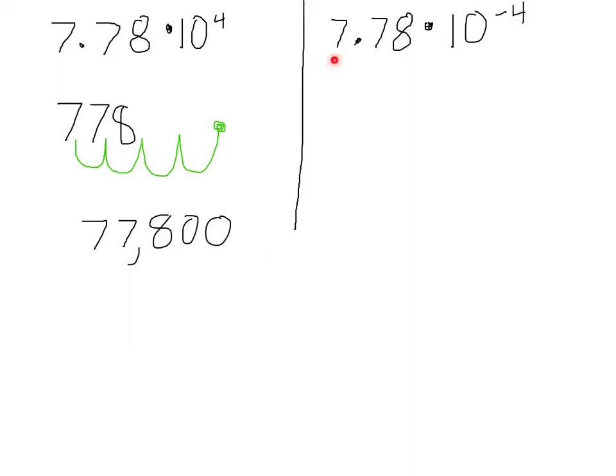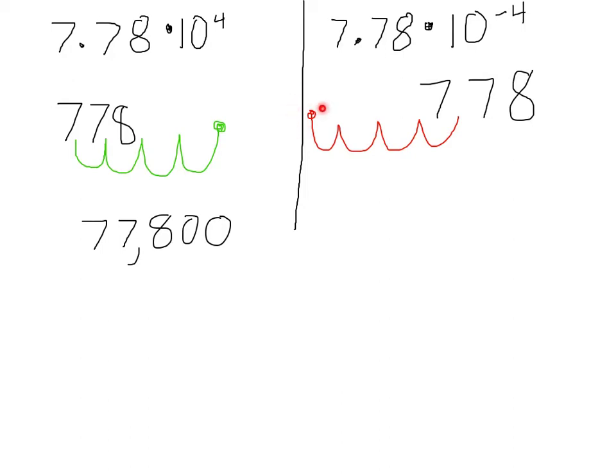Now let's look at the next example that is very different. Although it does have the same coefficient, 7 and 78 hundredths, being multiplied by a base 10, but this time the exponent is negative 4. When we write down our coefficient, we know the exponent negative 4 tells us that our decimal place is going to be moved 4 times this time to the left. 1, 2, 3, 4.